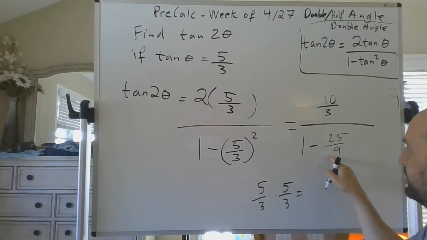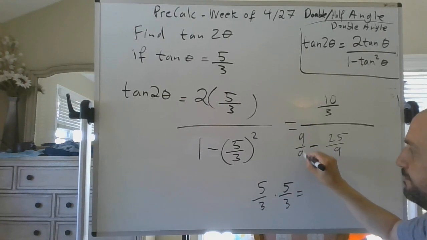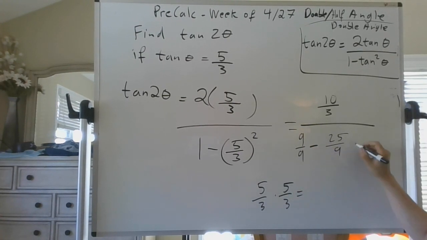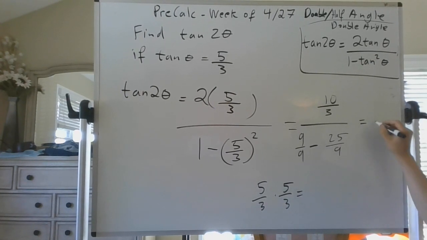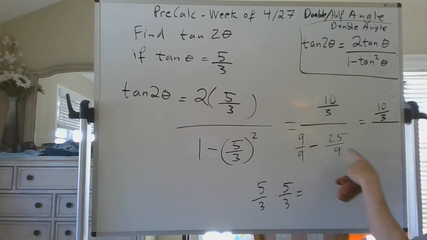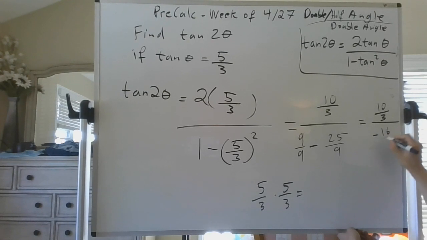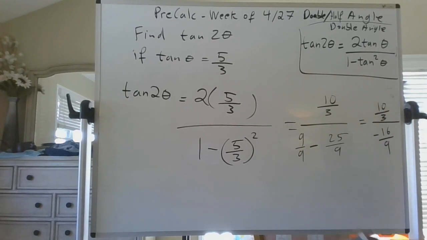We need to subtract these. We need to get the same denominator. I'm just going to make 1 a 9 over 9. Okay, so fast forwarding it. And then I'm going to do this. Equals 10 over 3 over 9 over 9 minus 25 over 9, which is going to get us negative 16 over 9. All right, well, we're almost done.